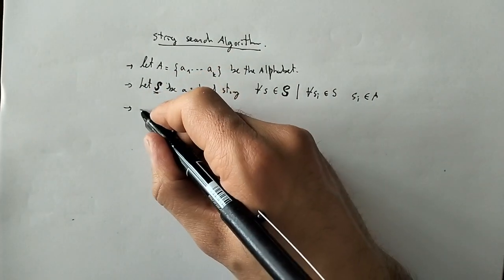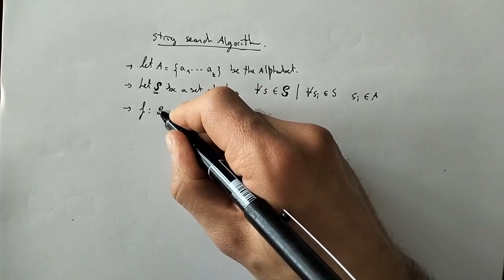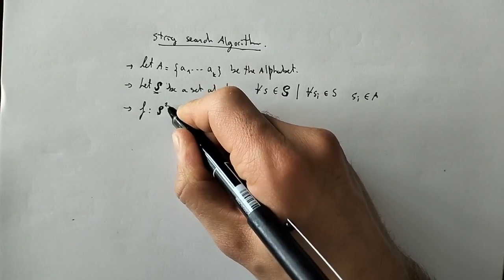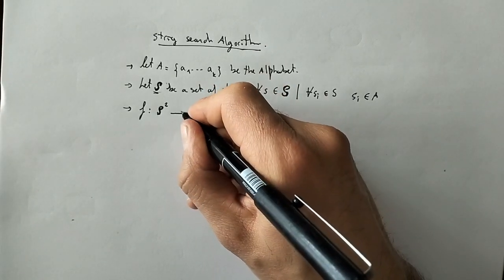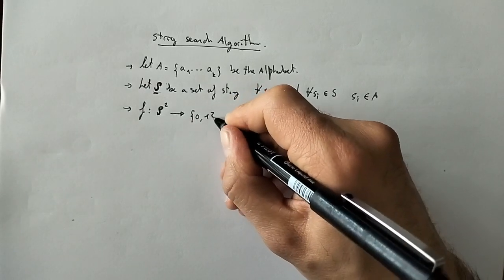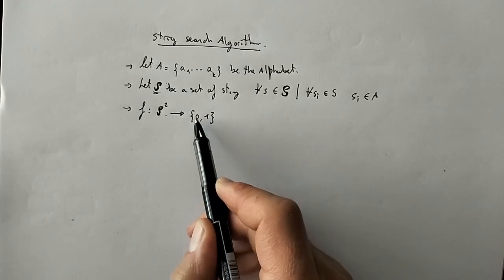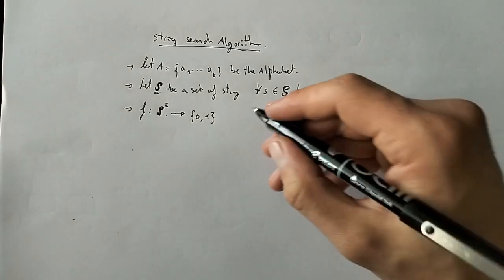And now we are going to define a function f that is going from this S square, so it's taking two possible strings, and it's going to 0 or 1. So this function is taking two strings and it outputs 0 or 1.